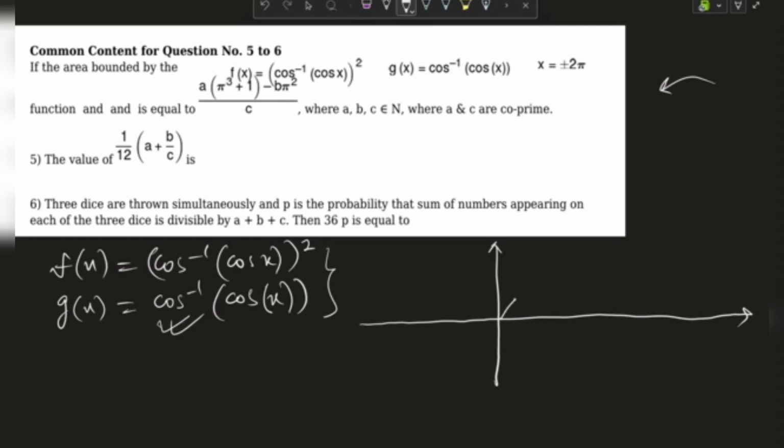This is somewhat the graph. I hope you guys remember that cos inverse cos x will never go below the x-axis. It always stays above. Something like this. So this is 0. This point is pi. This is, I guess, your 2 pi. This is 3 pi and so on.